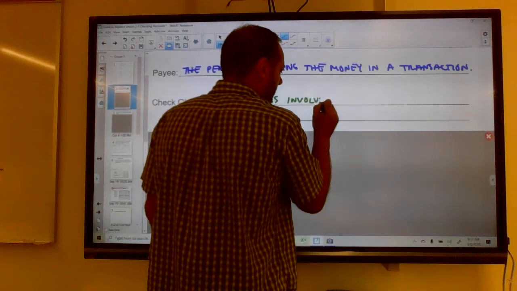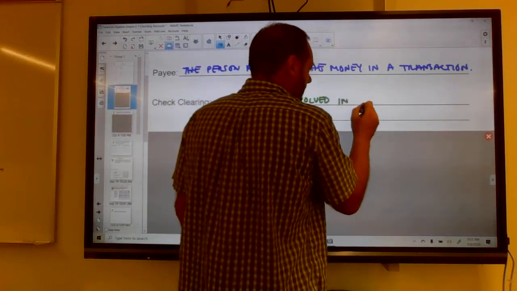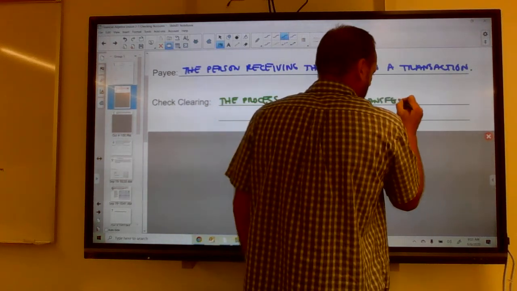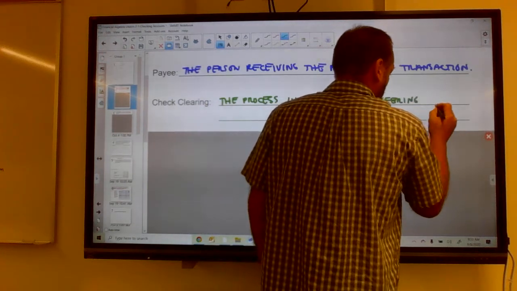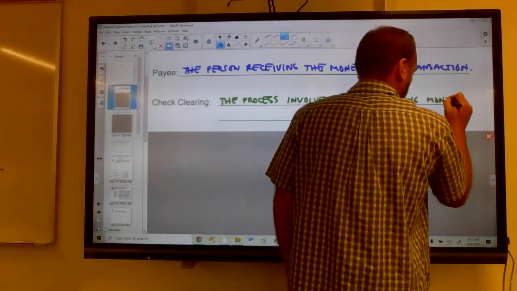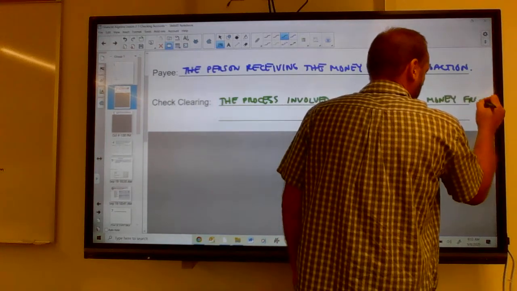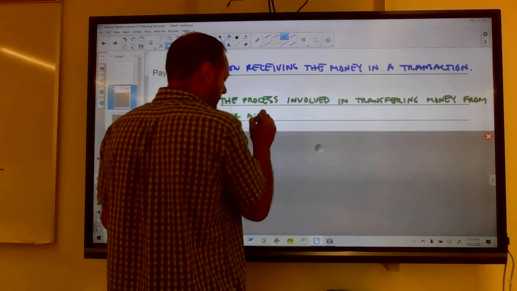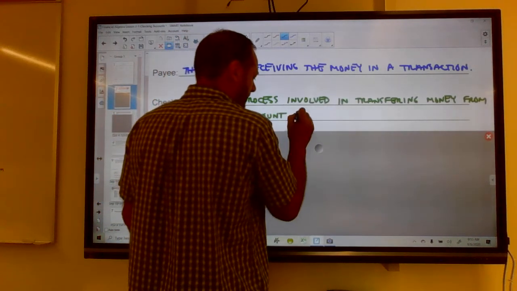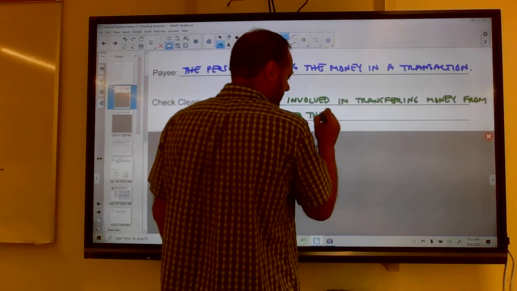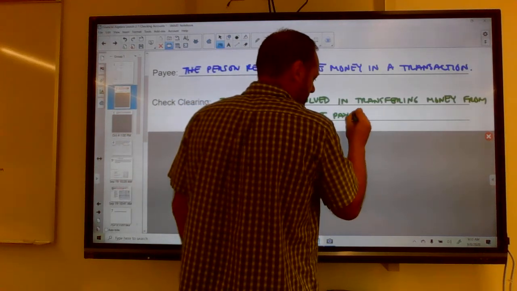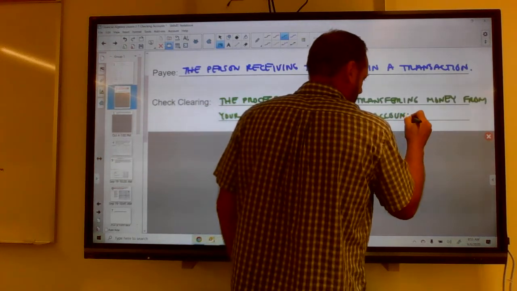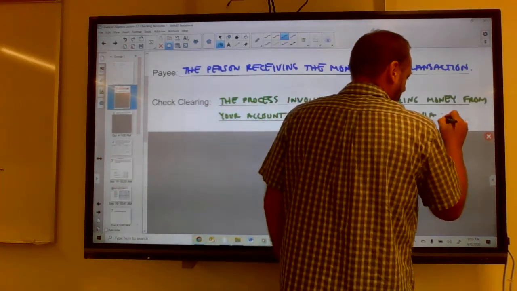involved in transferring money from your account to the payee's account via check.